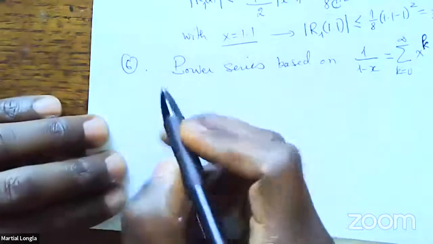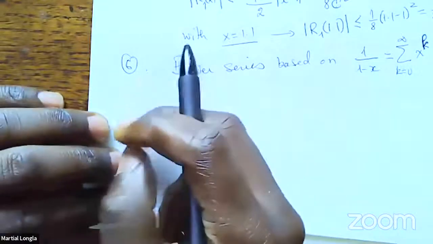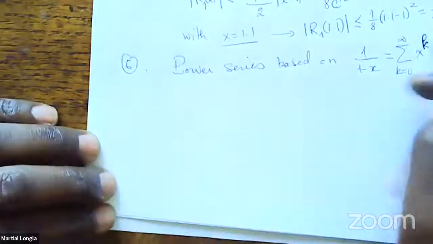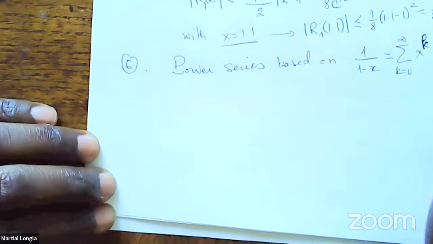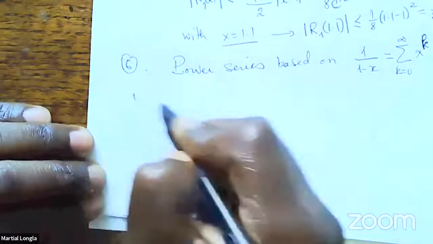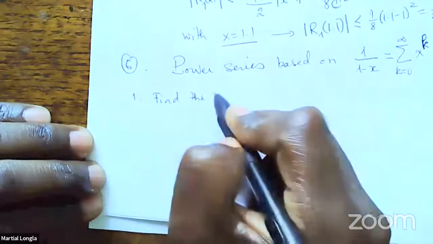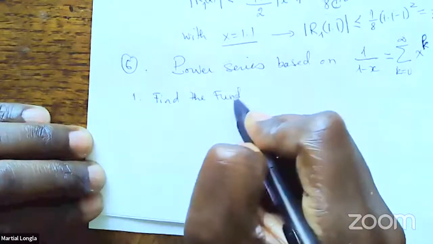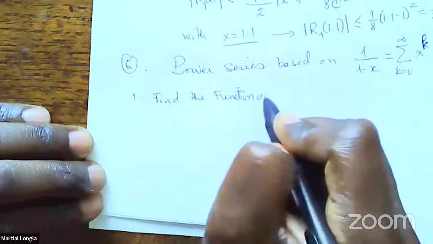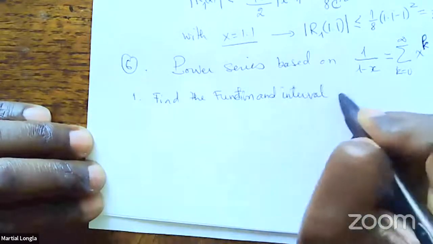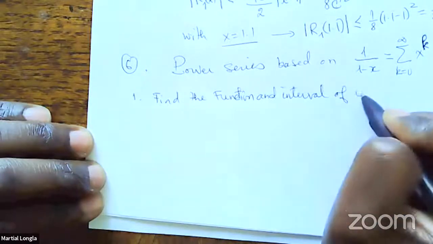Now, the question here is, find the function represented by the following series and find the interval of convergence. This is true for absolute value of x less than 1. So find the function and interval of convergence.